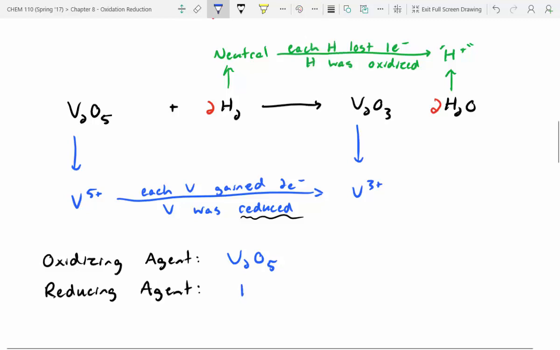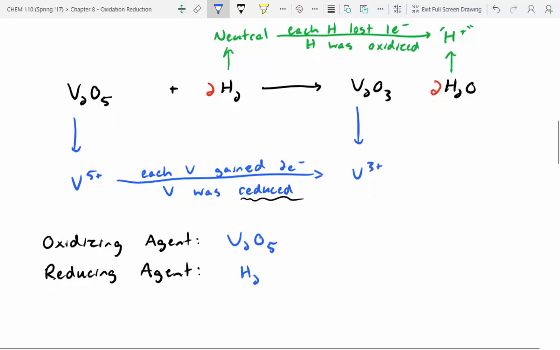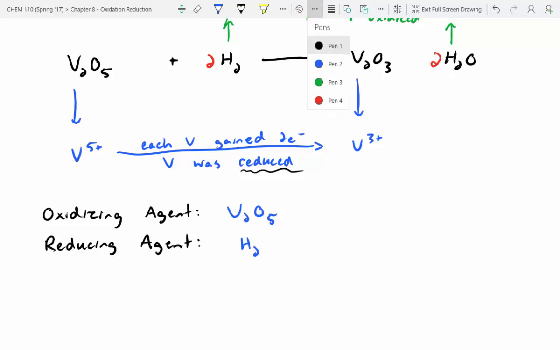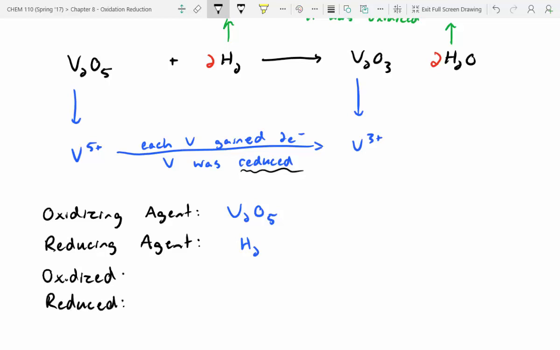Yeah, the hydrogen gas, because that was the thing that was being oxidized. And then conversely, if we want to identify what was oxidized versus reduced, we look at individual elements. And we said up above that hydrogen, the element, was oxidized, and vanadium, the element, was reduced, right? So we do have to keep track of all of those.